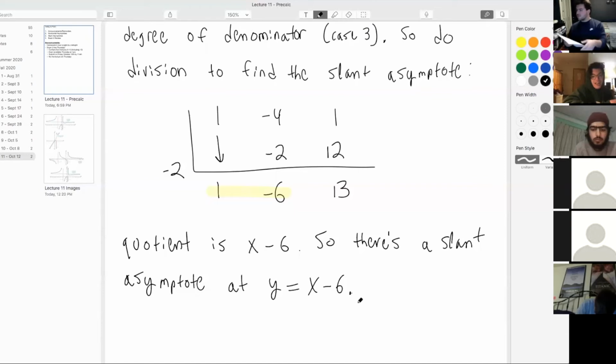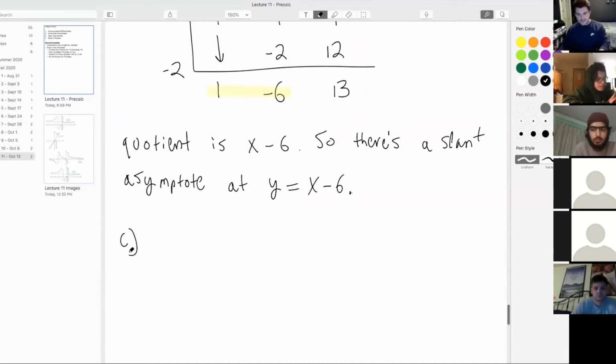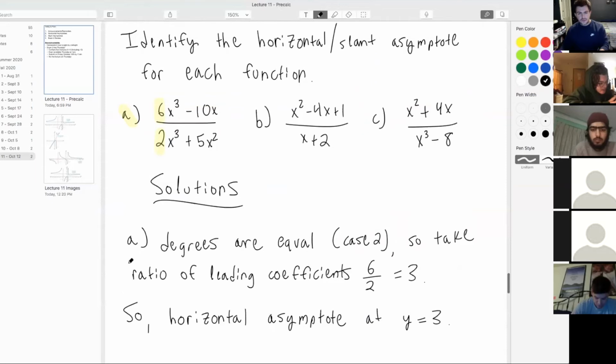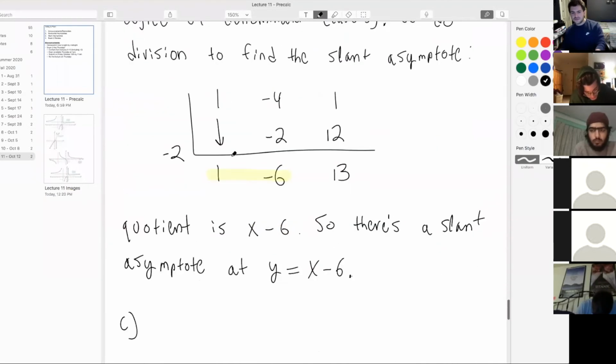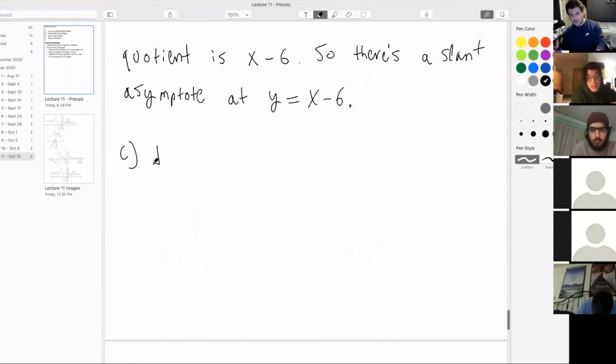Now let's just look at our final guy. Let's look at C. All right, so what's going on with C? So we have the degree of the denominator is greater than the degree of the numerator, right? Because the degree of the denominator is 3 and the degree of the numerator is 2. So I definitely have a higher degree in the denominator. So that was actually case 1. So let me just write this.